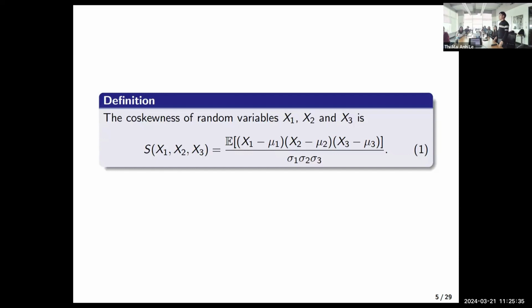But during these years, the literature found that using only the variance and the mean to define the risk is not enough. Then they extend this to 3-dimensional coskewness and incorporate this coskewness to define the asset price in the literature.